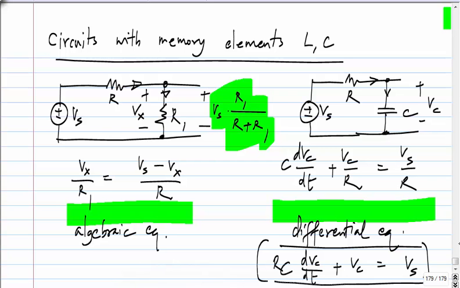Okay. Any questions so far? So, this is what we have to solve. I mean, in general, everything will end up with some differential equation which you have to solve.